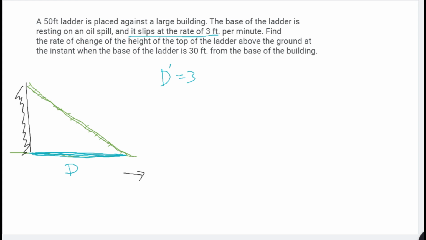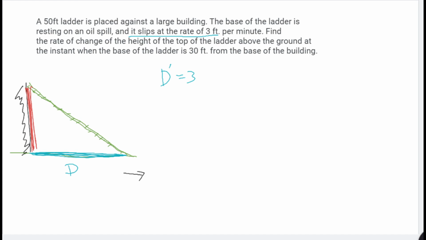All right, so next, find the rate of change of the height of the top of the ladder above the ground at the instant. So before we finish the sentence, they are saying this quantity is involved. As the bottom of the ladder is slipping away, the top of the ladder is sliding down along the wall.